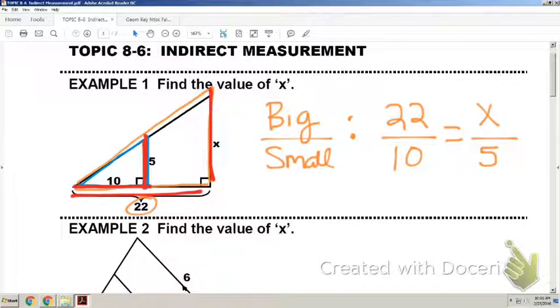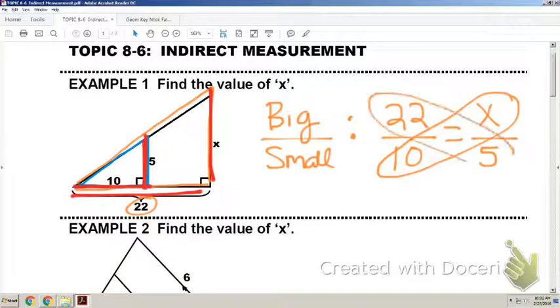So I've set up the proportion. Now I can solve for x, the missing side of the bigger triangle. So remember, we just cross multiply. So we have 10 times x, that's 10x, equals 22 times 5.